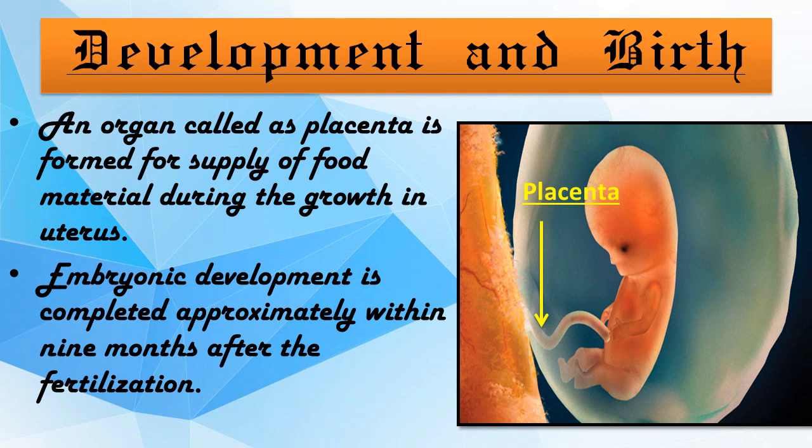Embryonic development is completed approximately within 9 months after fertilization. After fertilization of the zygote, embryonic development will start. First the zygote will develop into an embryo, then a fetus, and within a complete 9 months a baby is developed, completely grown with all parts and organs.